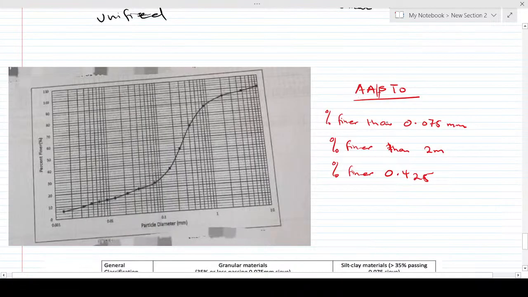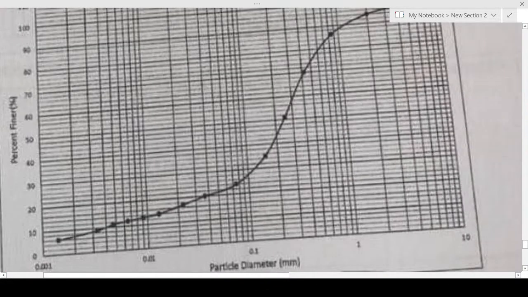The percent finer than the 0.075 millimeters, the percent finer than the 2 millimeters, and the percent finer than 0.425. These things are supposed to be read from the graph. First, you need the percent finer than 0.075. So where is 0.075? Let me increase this so that you can see. This is 0.001, 0.002, 0.003, 0.004, 0.005, 0.006, 0.007.